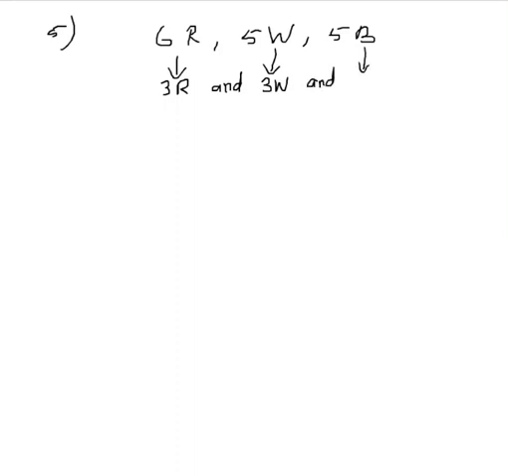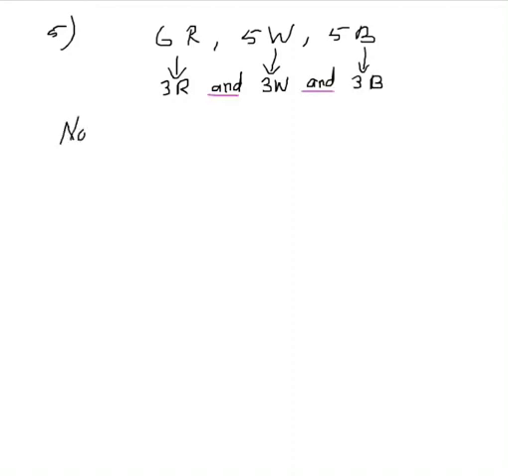Question number 5. Find the number of ways of selecting 9 balls from 6 red balls, 5 white balls and 5 blue balls. So totally we have 6 red balls, 5 white balls and 5 blue balls. Totally 9 balls have to be selected. If each selection consists of 3 balls of each color, so we need to select 3 red balls and 3 white balls and 3 blue balls.